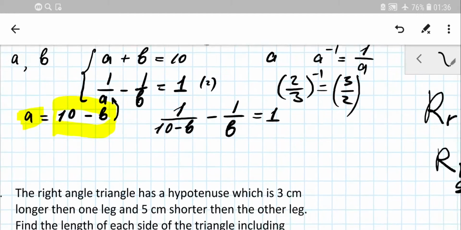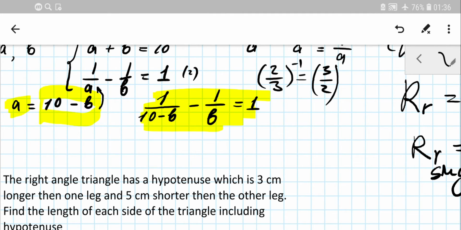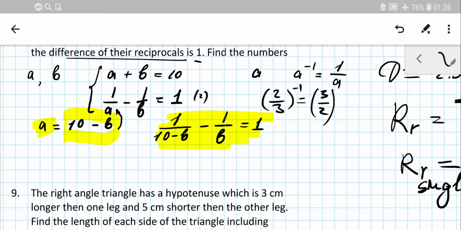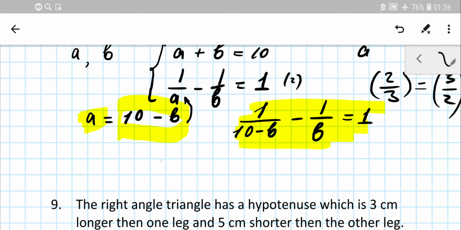So normally, how to resolve this equation? So normally you need to work on common denominator. Let's do that. So this sort of algebraic fractions, in order to find a common denominator, you take the multiplication of both, right? So your common denominator is b times 10 minus b.